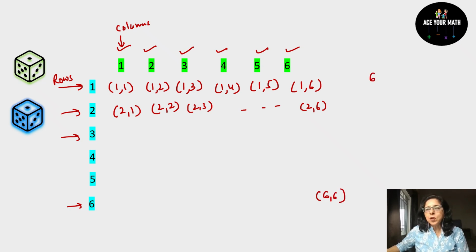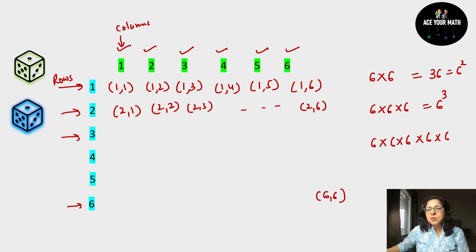Since you are rolling two dice, there will be 6 multiplied by 6, 36 outcomes, which is equal to 6 square. And if you roll 3 dice, it will be 6 multiplied by 6 multiplied by 6. It means you will multiply 6 thrice. And if there are 5 dice, how many outcomes would there be? You will multiply 6 five times, or you can write 6 raised to the power 5. So this is how you create a sample space.